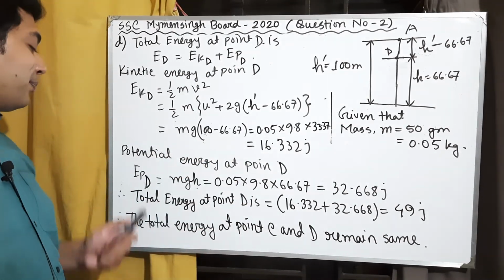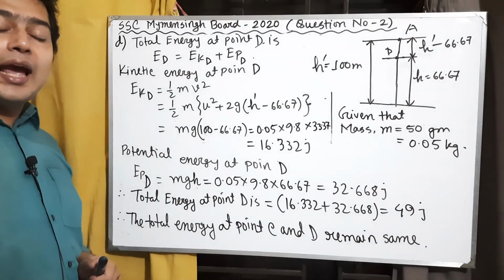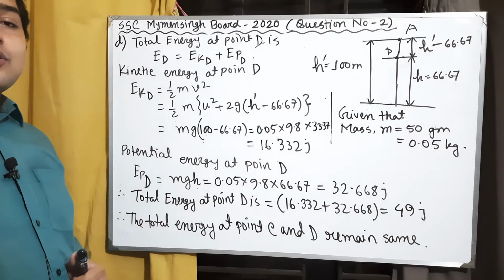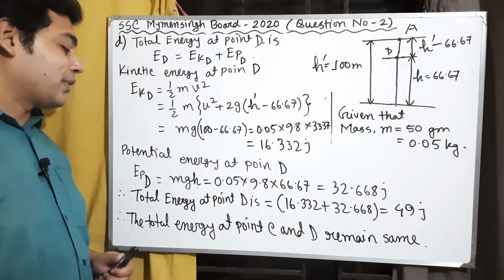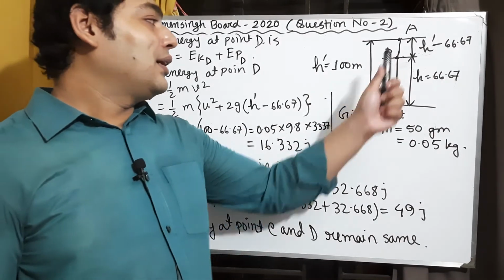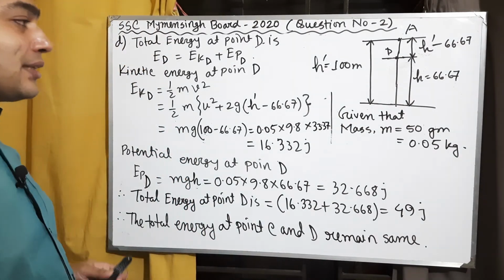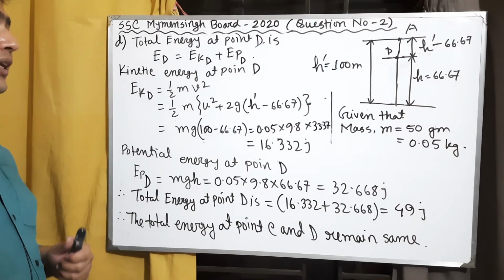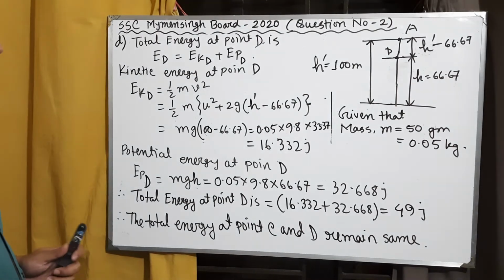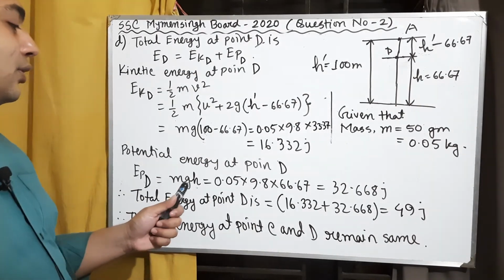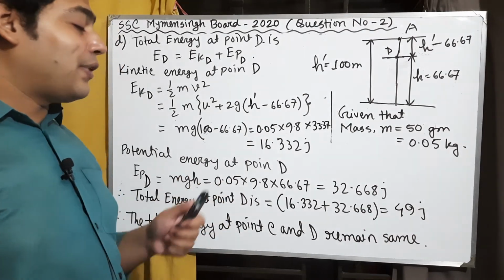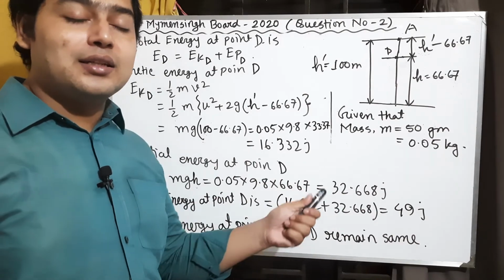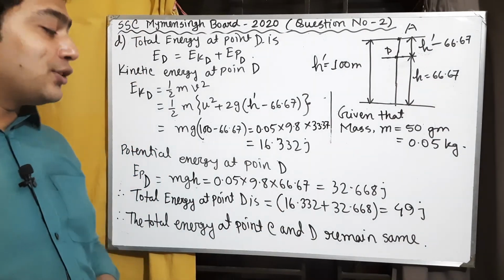Putting in the values and calculating, we get 16.332 joules. Now the potential energy at point D is EPD equals mgh, because point D is situated at a height h from the ground. Putting in the values, we get 32.668 joules.